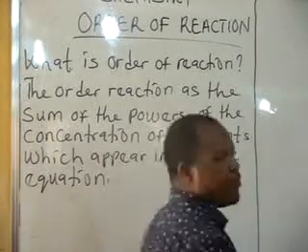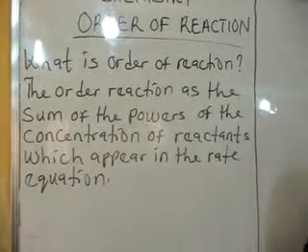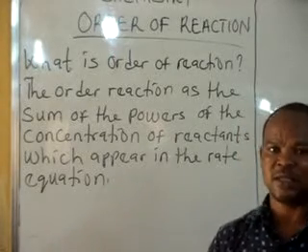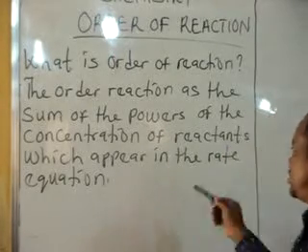So when we talk of order of reaction, we are actually talking of the sum of the powers of concentration of the reactant, as can be seen in the equation.